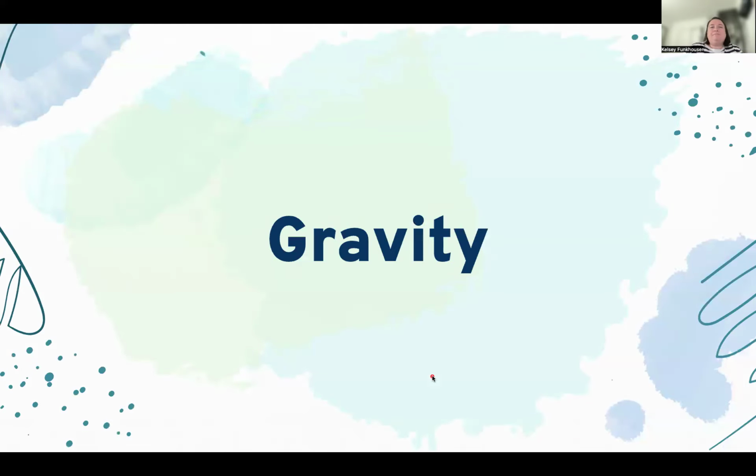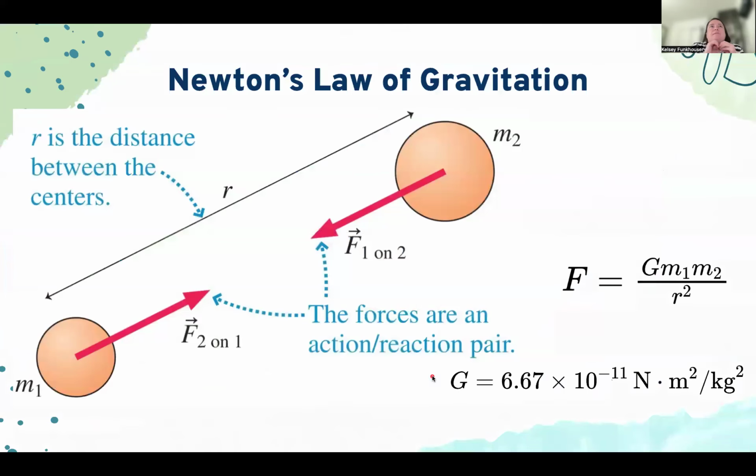Next step, gravity. The orbit thing definitely could have tied in with gravity, but specifically gravity is Newton's law of gravitation. So we have two planets here, or honestly, any two massive objects. They are a distance apart.